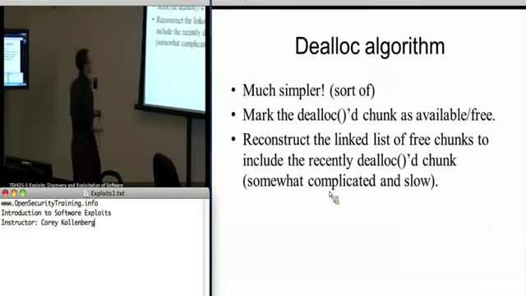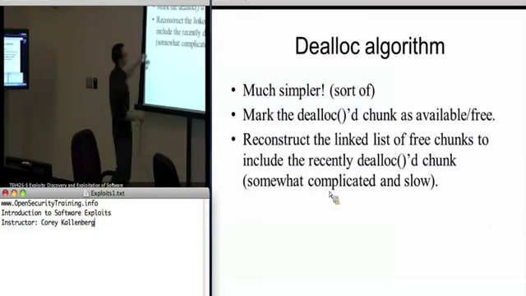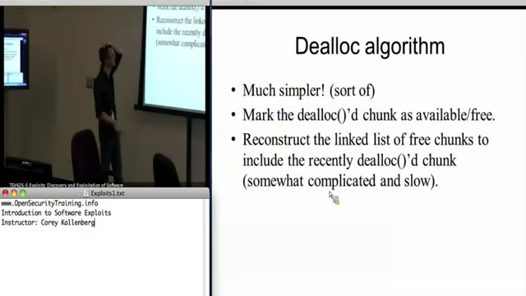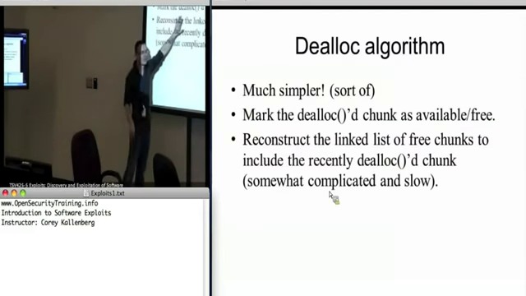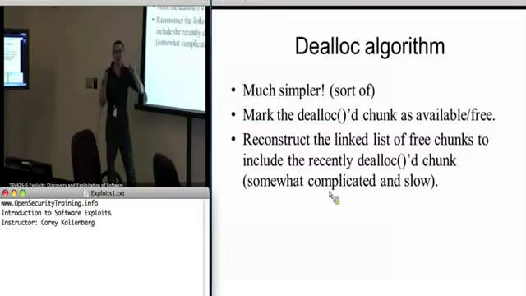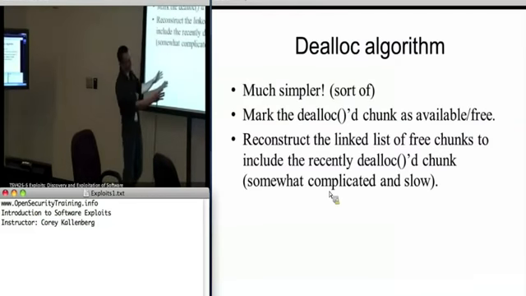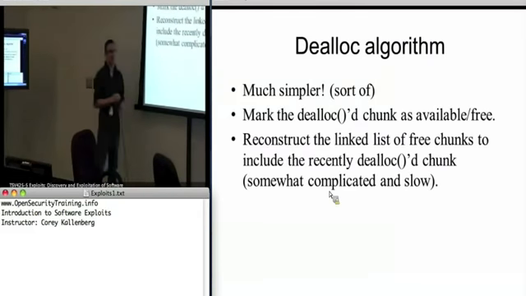Dalloc, I kind of got lazy when I was programming this because I wanted to avoid as much complicated linked list programming as possible. Whenever you have a dalloc, we mark the chunk as available. That's free. We just set that 1-bit value to 1. And then I reconstruct the whole linked list. I throw everything away that I used to know and reconstruct it all from scratch. That's because that was easier than having to program the linked list code associated with this.